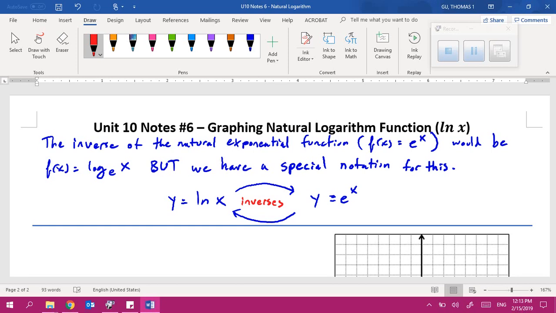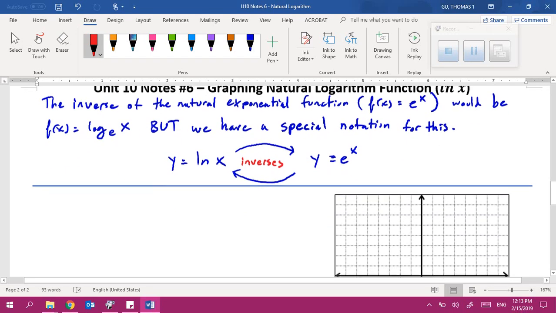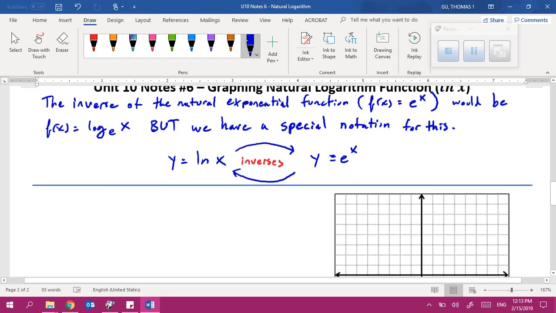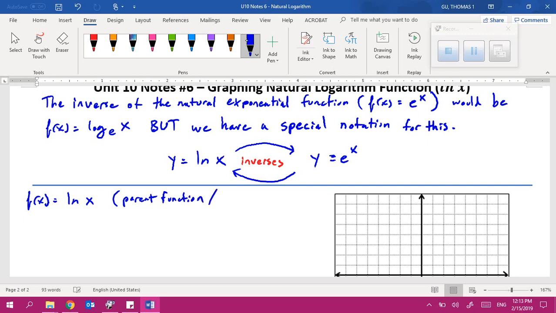All right? So the first thing that we are going to do today is graph this parent function, f of x equals ln of x. This is the parent function. And I'll make a note here, it is the inverse of e to the x.